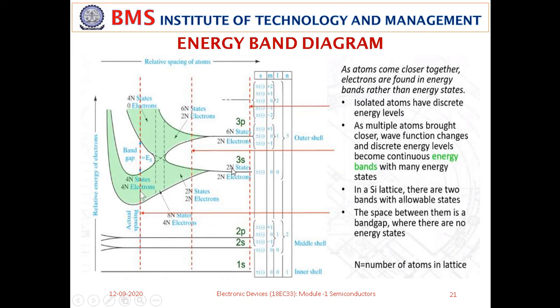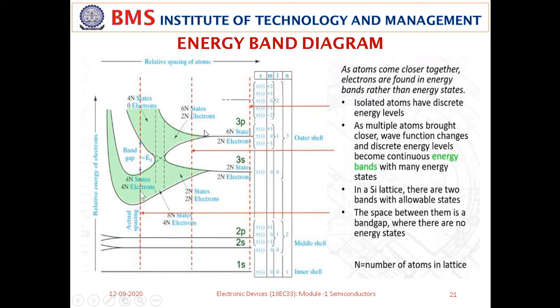N can be 100, 200, some number, you can assume that. So in the 3s shell there are 2N states. Suppose I assume 100 atoms in a lattice, so 100 into 2 means 200 states you can see in the 3s shell, and similarly 200 electrons can be found in the 3s shell. This is how the interpretation goes on.